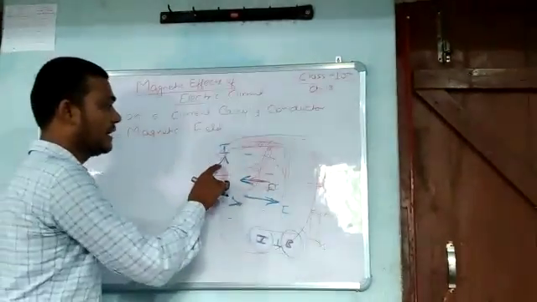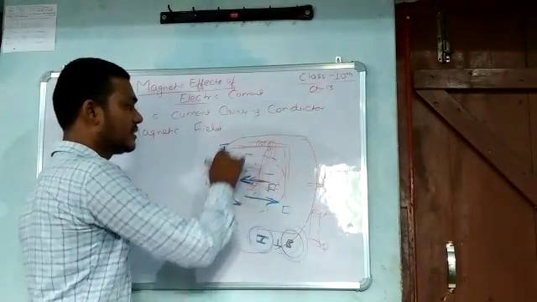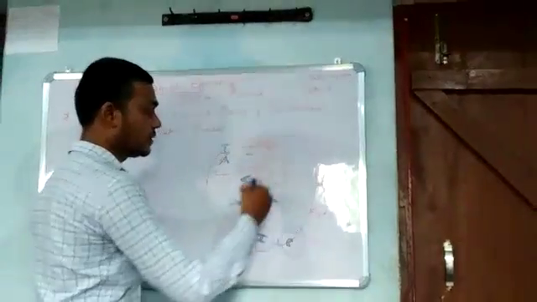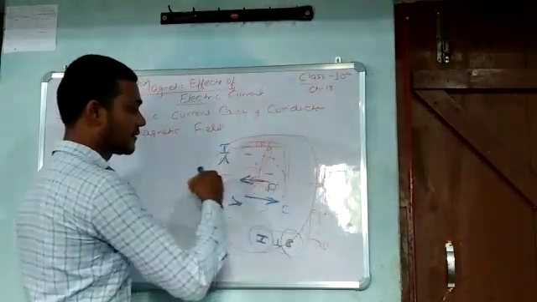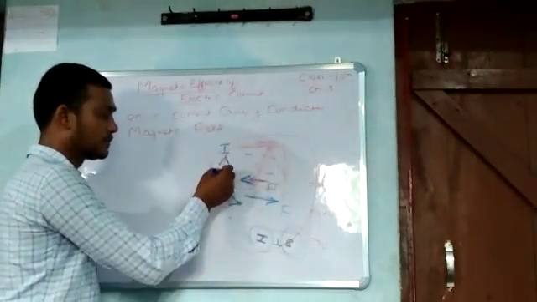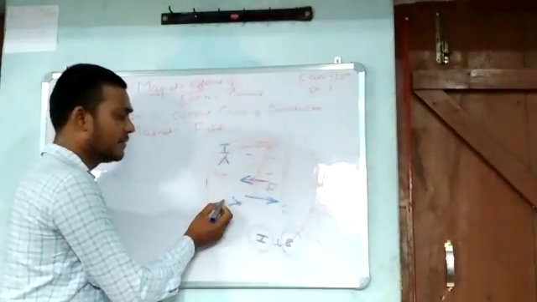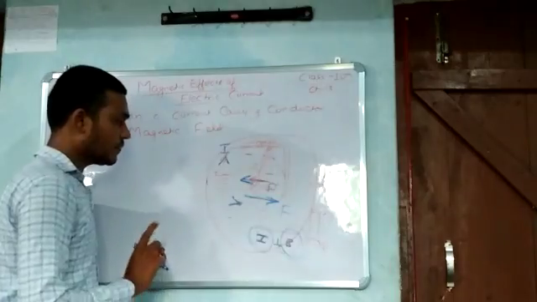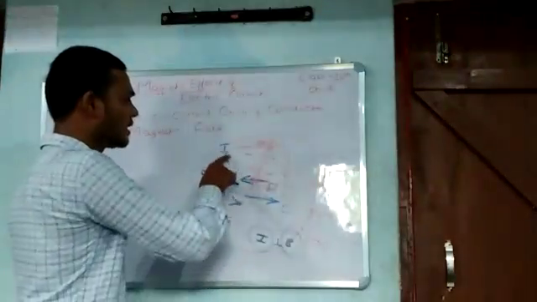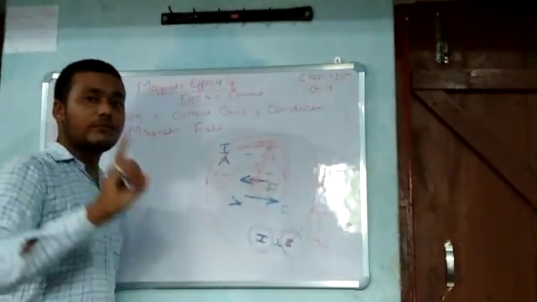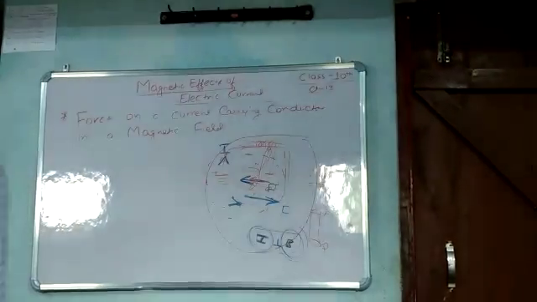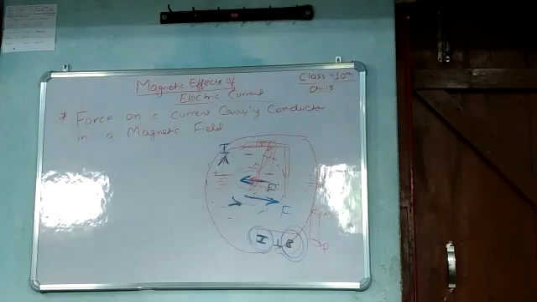If the direction of current is upward, the direction of force is in the left direction. If the current flows from positive to negative, then the force is in the right direction. Okay. So this is all about current and force. So the first thing that we have to notice is that if the direction of current is reversed, the direction of force will change.